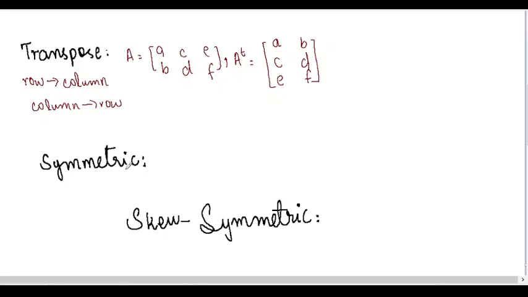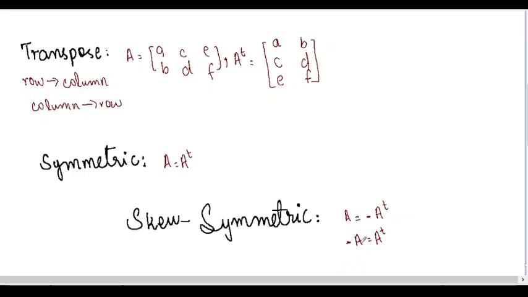Now, what is a symmetric matrix and what is a skew symmetric matrix? For a matrix to be symmetric, it should be equal to its transpose. Both of them should be equal to each other. Here they are not, but if they both are equal to each other, then it is said to be a symmetric matrix. But if A equals minus A transpose, or you can also write it as minus A equals A transpose, then it is said to be a skew symmetric matrix.